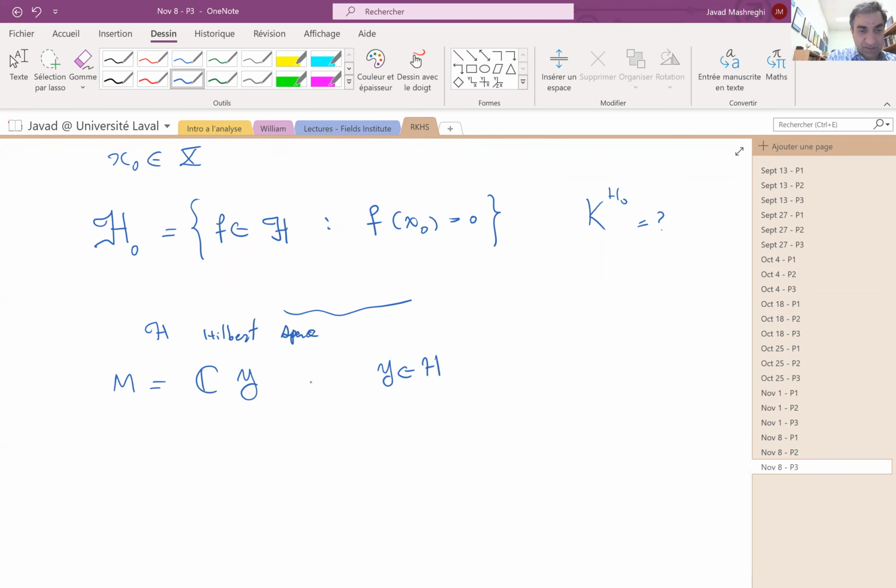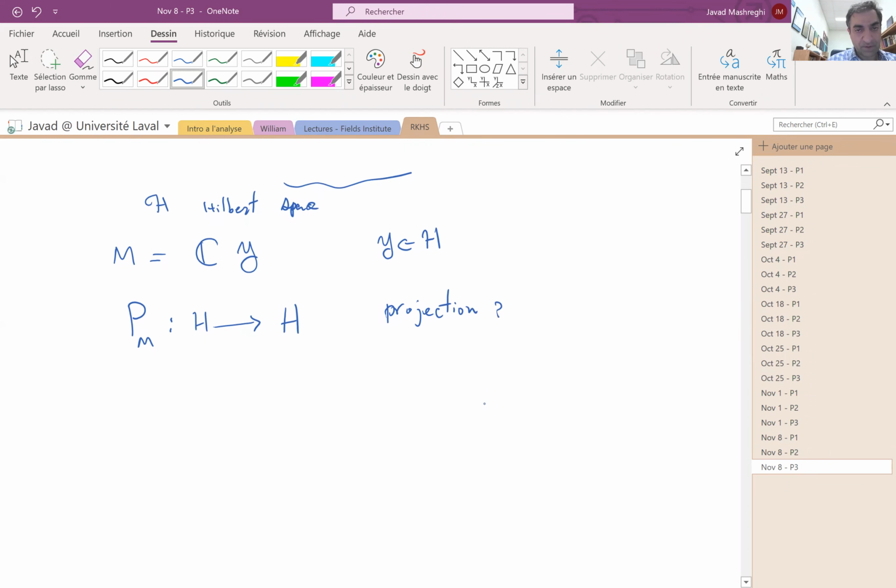What is the projection onto M from H to H? There's a simple formula for that. The formula is this: the projection of X onto M. Of course, it has to be a multiple of Y.